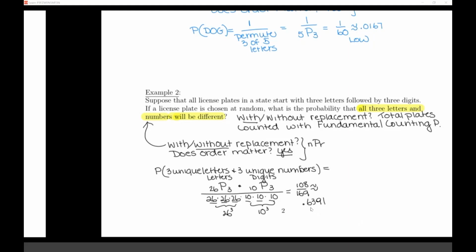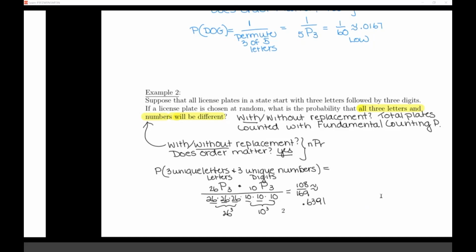In this case, the reason the probability is so high is because there are so many letters and numbers to choose from. Yes, you're right, it's because there are so many that the probability of repetitions is low.